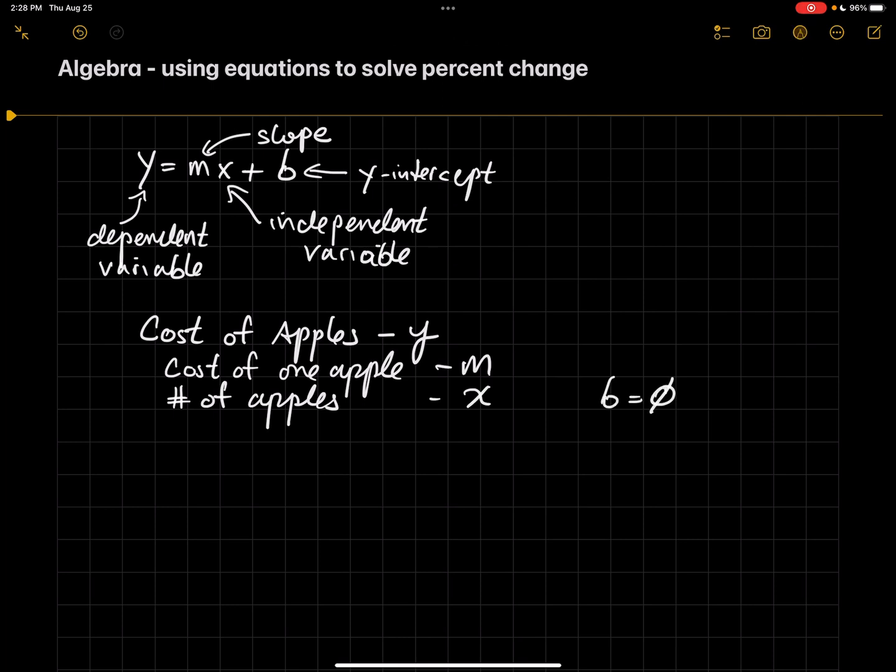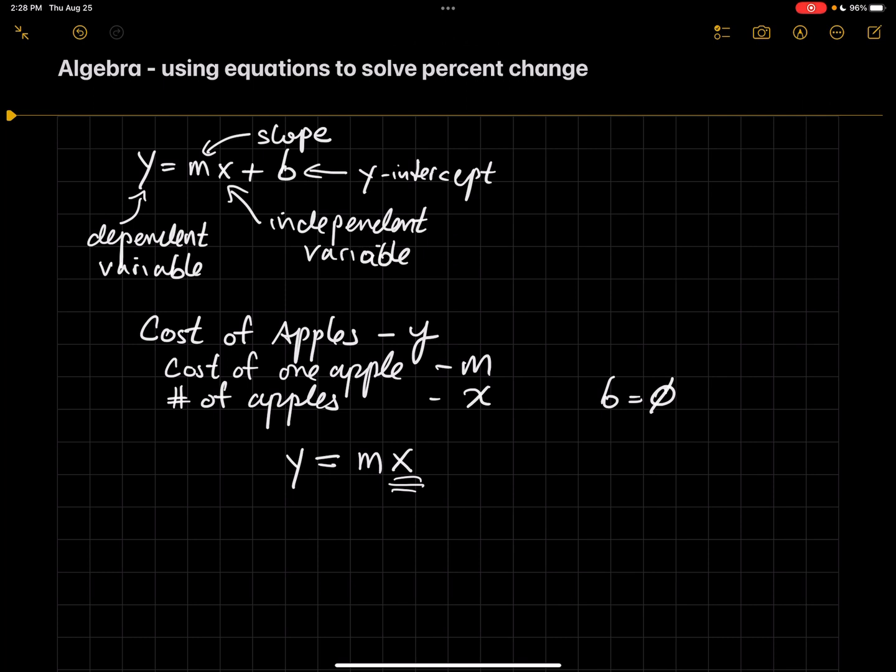So if you wanted to know what the total cost of a bushel of apples is, for example, it would be y is equal, the cost of those apples is equal to the cost of one apple times the number of apples that you buy. The cost of the total number of apples depends on the number of apples that you buy. And so y is the dependent variable, x is the independent variable.